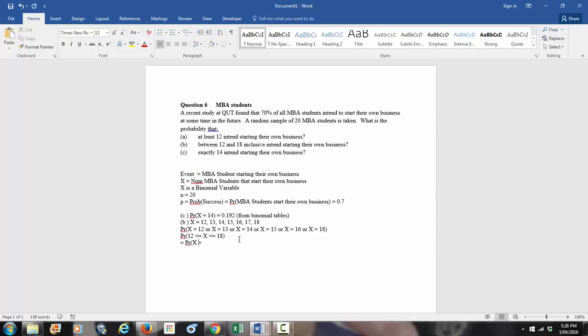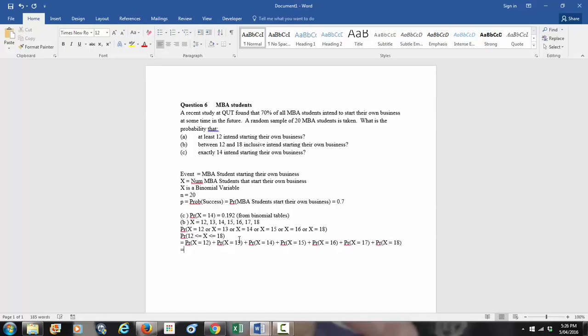So that becomes the probability x is equal to 12 plus the probability x is equal to 13 plus the probability x is equal to 14 plus the probability x is equal to 15 plus the probability x is equal to 16 plus the probability x is equal to 17. And then lastly, plus the probability x is equal to 18.